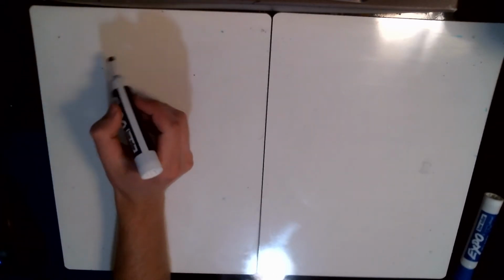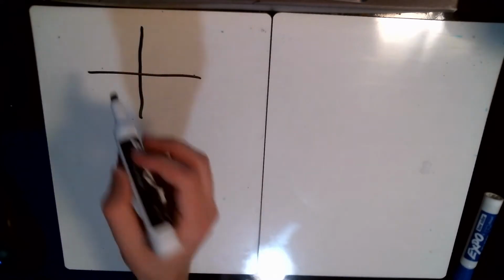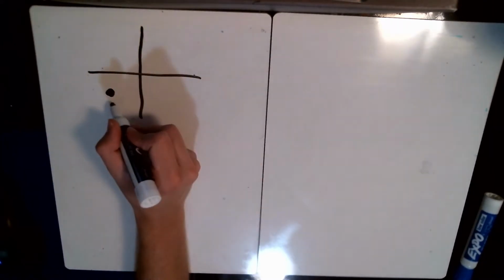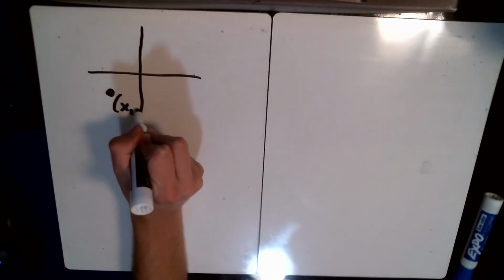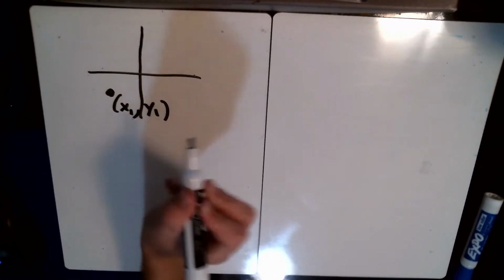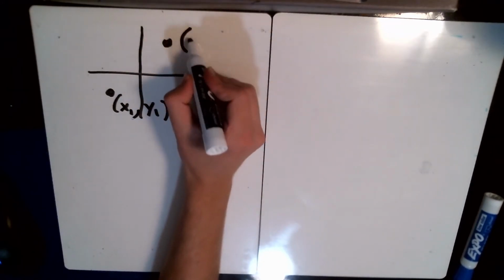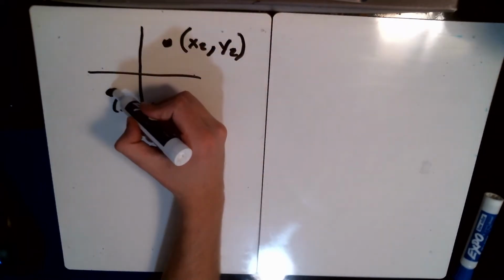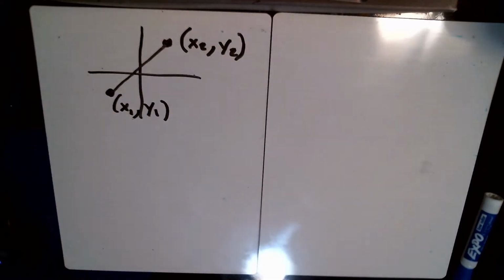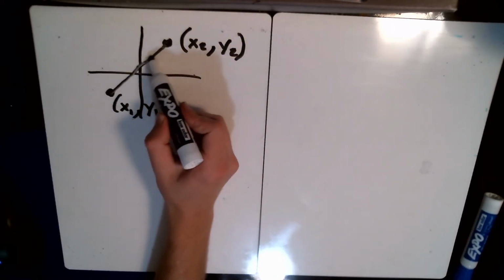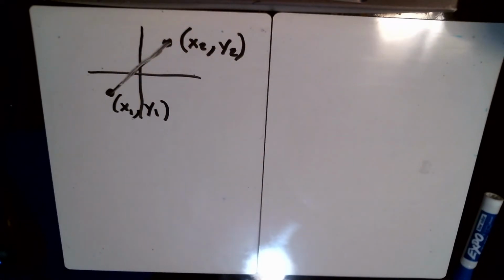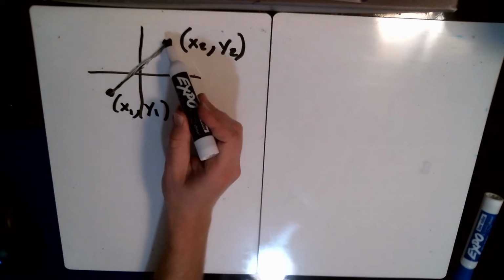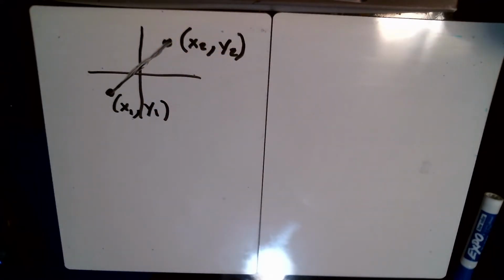What the distance formula does is, if you have 2 points, we'll say x1, y1, and some other point, x2, y2, it finds the distance between those 2 points, okay? It finds how far you have to travel just going in a straight line between them, okay?